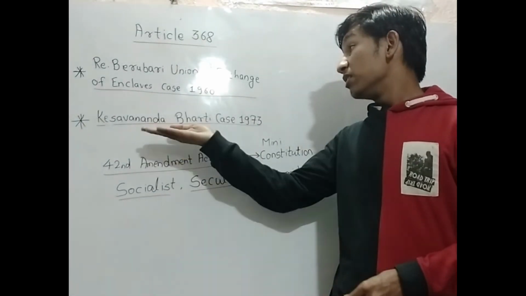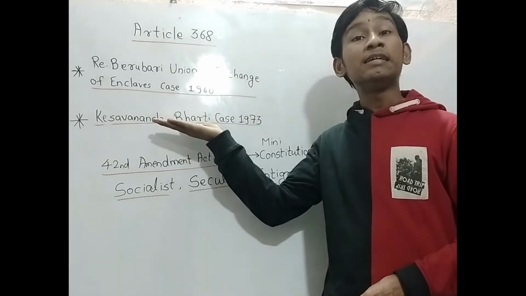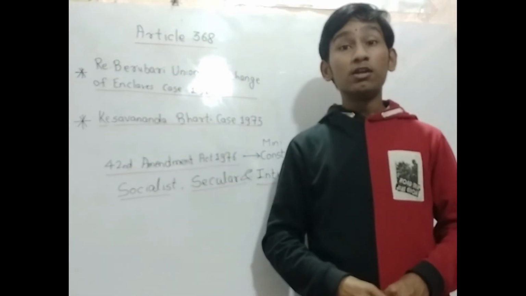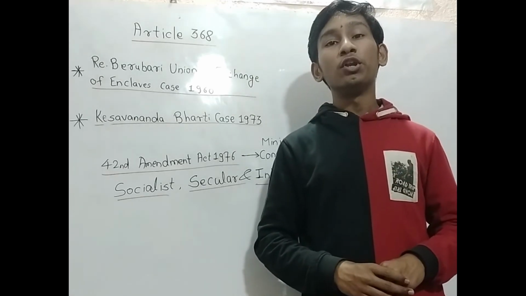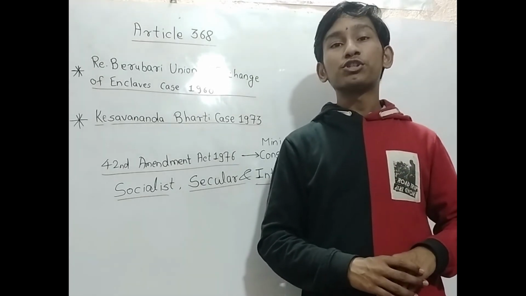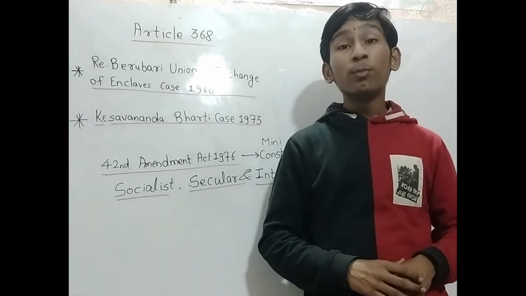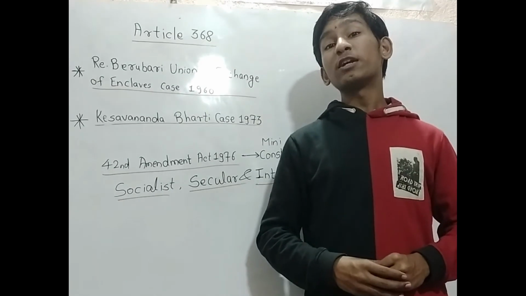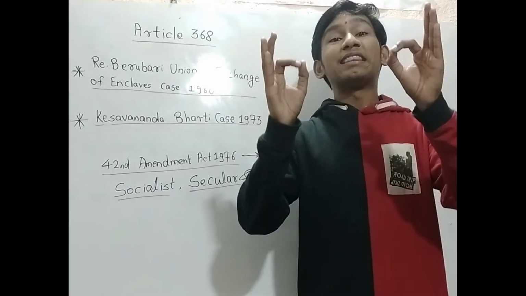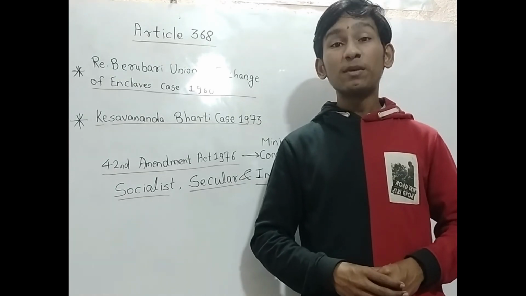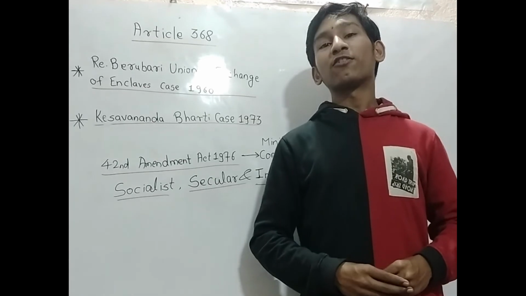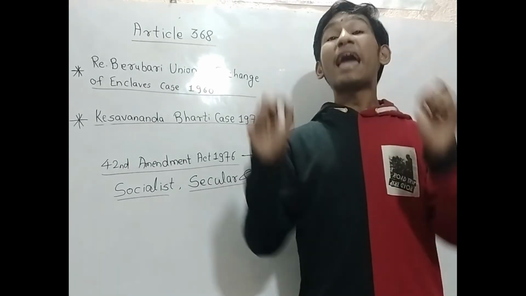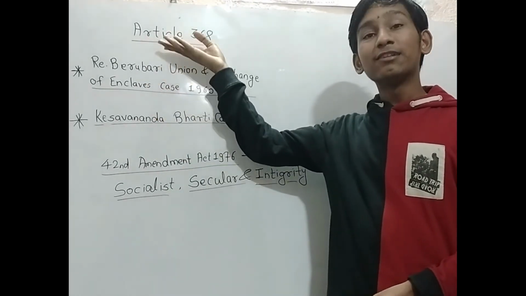But further, in the case of Kesavananda Bharati, 1973, the Supreme Court realized that the Preamble of the Indian Constitution may not be a part of the Constitution, but it is a document supporting the enforcement of the Indian Constitution, and that's why the Supreme Court's judgment held that the Preamble is also a part of the Indian Constitution and it can be amended using Article 368.